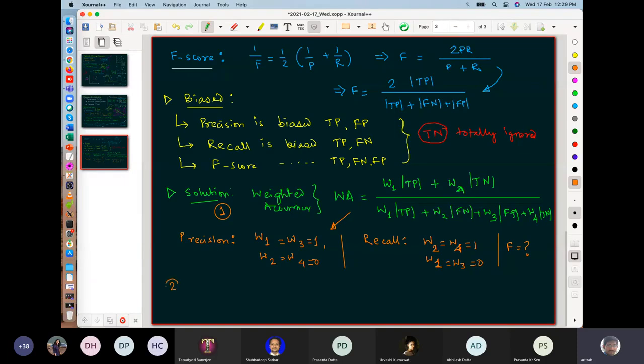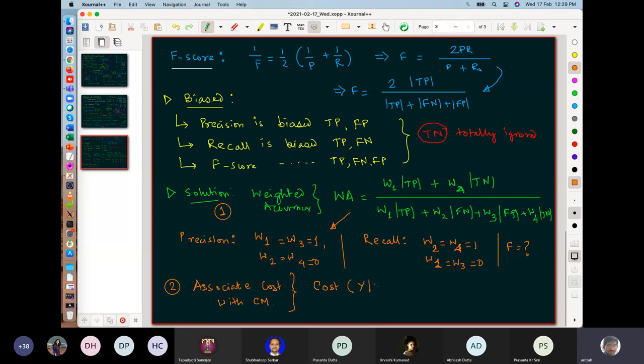The other solution that people try to give is to associate a cost with the confusion matrix. So what do we mean by a cost? Depending on the scenario, whether giving a true positive is more fatal or giving a false positive is more fatal or giving a false negative is more fatal, they try to predict a cost for each of the operations.